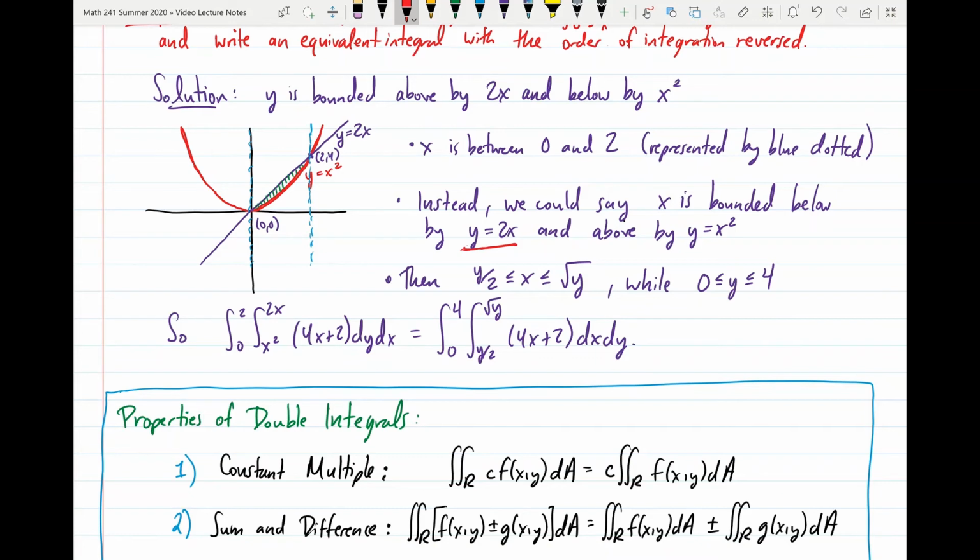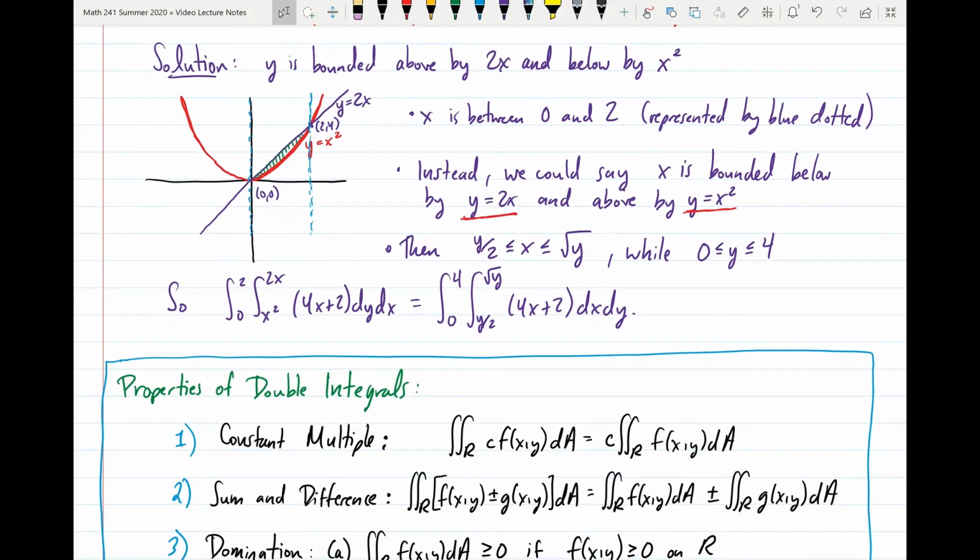So x is equal to y over 2, and on the other side we can take the square root, so that x is equal to the square root of y, and then we can say that x is bounded between two functions of y. So it's bounded below by the function y divided by 2, and it's bounded above by the function given by the square root of y.